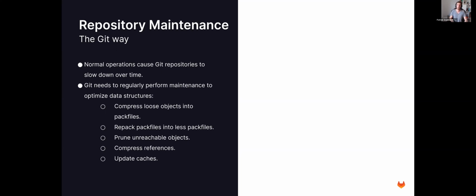So we have to do repository maintenance regularly to optimize the repository, where Git knows to do different kinds of maintenance to optimize all of the different data structures. The first one is to compress loose objects into Packfiles. The second important one is to repack Packfiles into fewer Packfiles, typically only a single Packfile. Then prune unreachable objects, which are not referenced by your branches anymore, compress references if you have a lot of them, and also update caches and metadata so that overall the repository is served more efficiently.